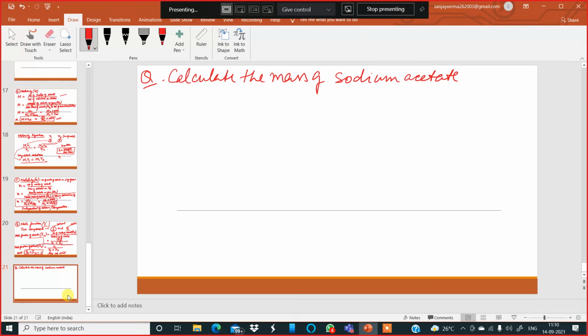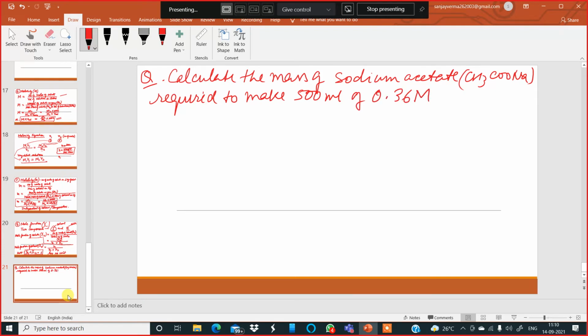Let me give you the formula of sodium acetate. It is CH3COONa. Mass of sodium acetate required to make 500 ml of 0.36 M solution. Okay, this is the question.